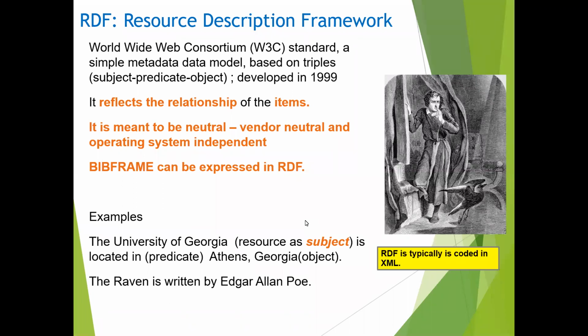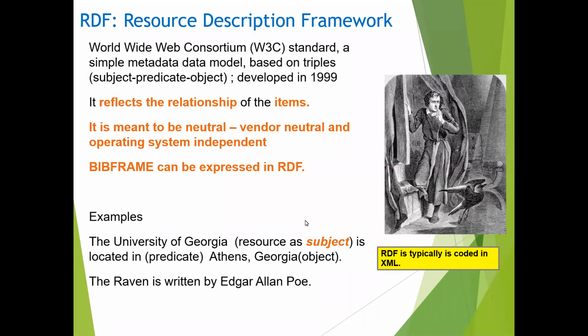But the World Wide Web Consortium looks at various things and tries to come up with some standards that are applicable across various systems. So they look at things as a whole and try to come up with some standards. One of the ones they came up with, which was developed in 1999, so it's been around since the beginning of the web, is RDF. And this is a simple metadata model, and it's based upon those triplets.